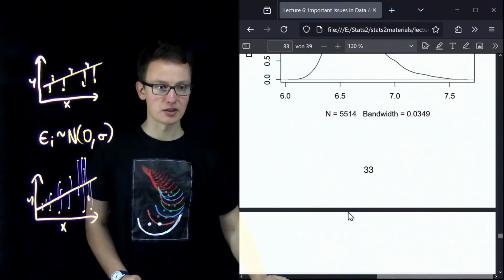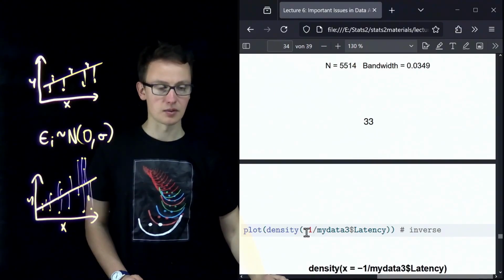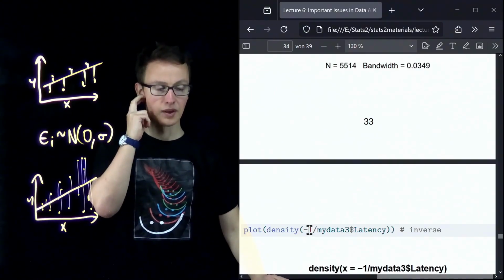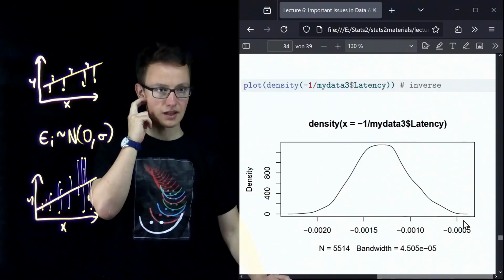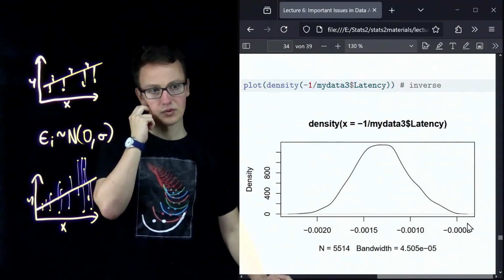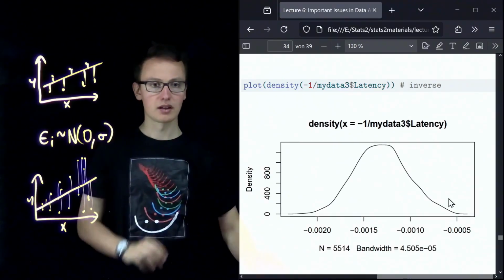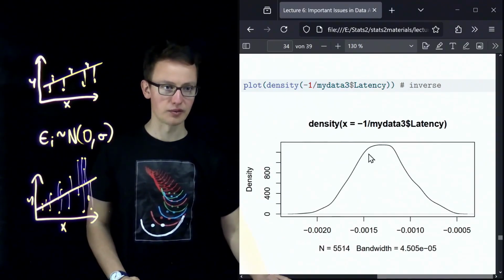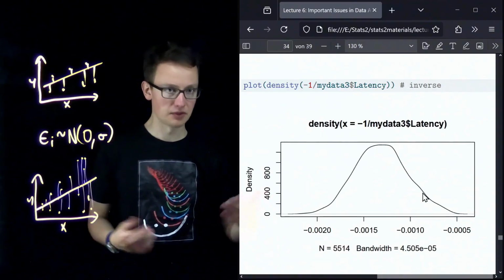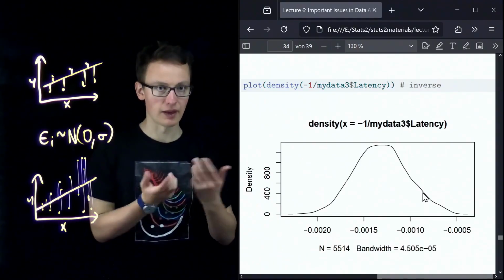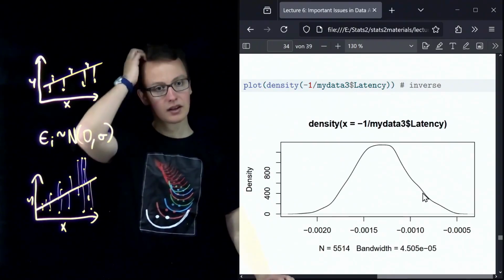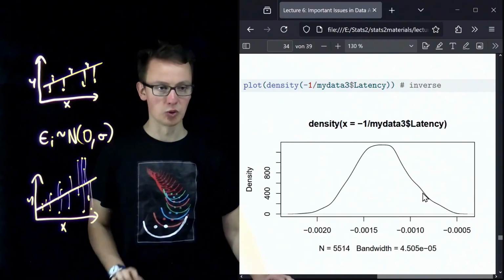And the other transformation is the inverse transformation, so -1 divided by the reading time. If we do that, we get this result here that looks even better to some extent, right? So here we have almost a symmetric curve now. That's a very useful transformation to make the values that we are working with for the linear modeling more normally distributed.